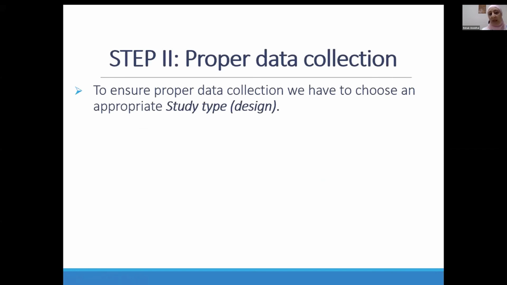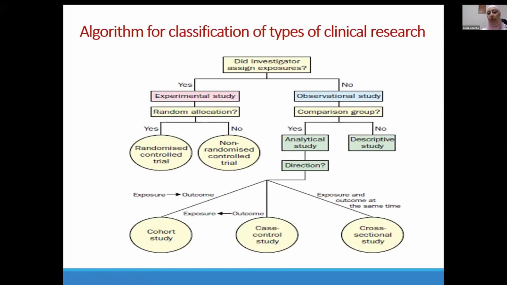And for study designs, we have a very important algorithm. I'm going to go through this over and over again. And this is something that has been published in the Lancet. So we have to ask ourselves the question, did the investigator assign exposure or not? And I will go through exposures and outcomes in my coming presentation.